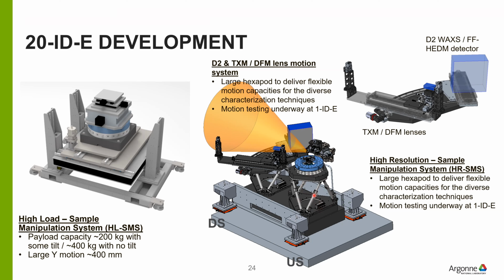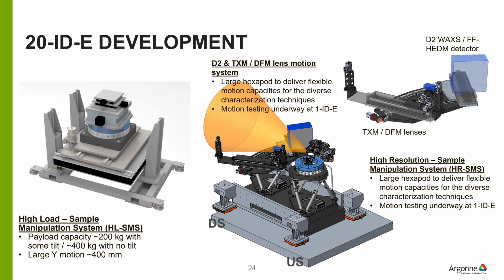The components are getting delivered as we speak, and we're testing them out. The downstream end, where the D2 detector is, is not just a detector holder, and it'll also use a hexapod. It'll house a D2 wax far field HEDM detector on one side, and when it's in use, it'll swing into the diffraction cone to measure it.